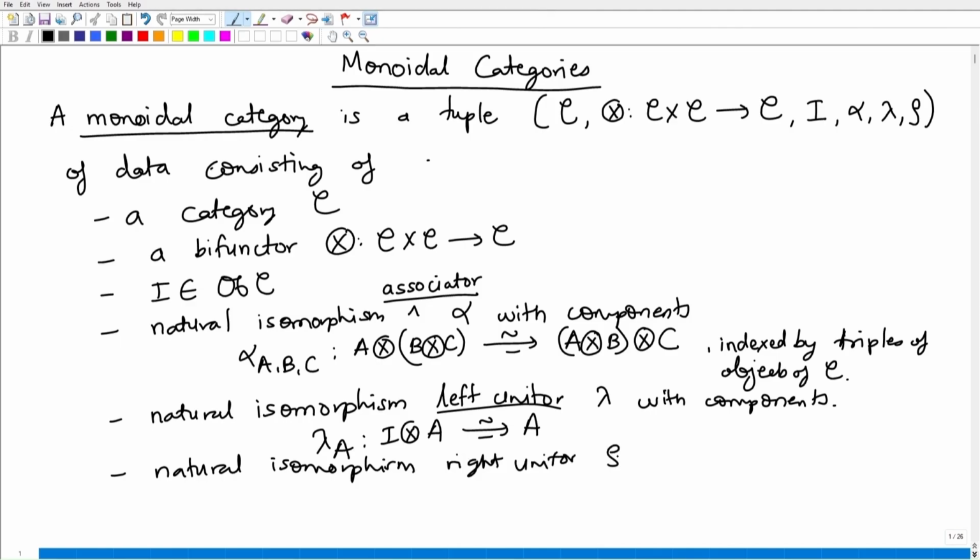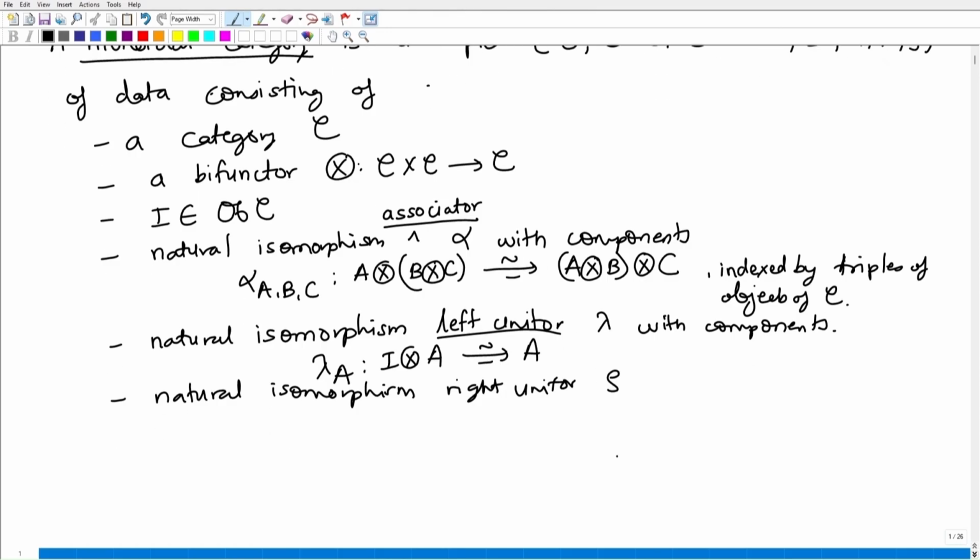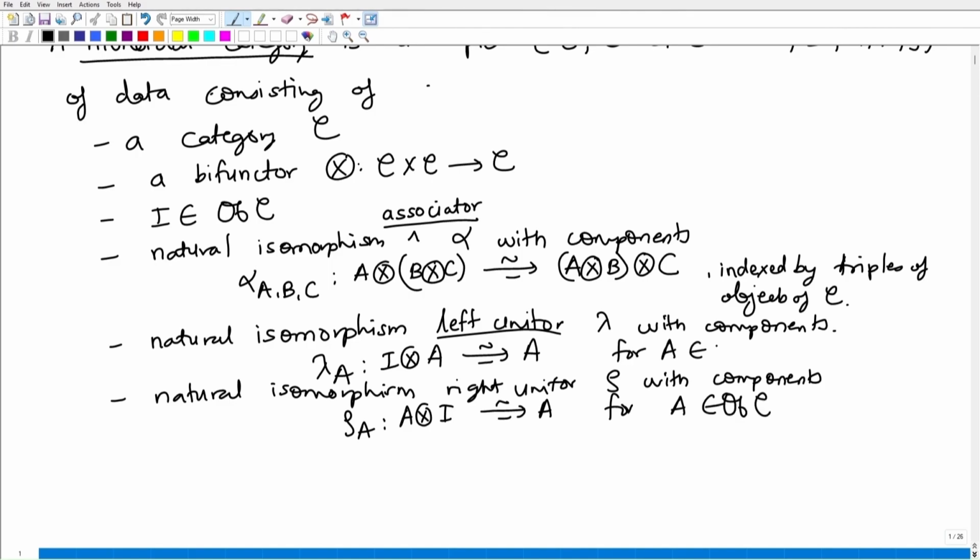How do you remember left and right? Lambda starts with L and rho starts with R when you write them in English. With components rho A from A tensor I isomorphic to A, for A an object in C.